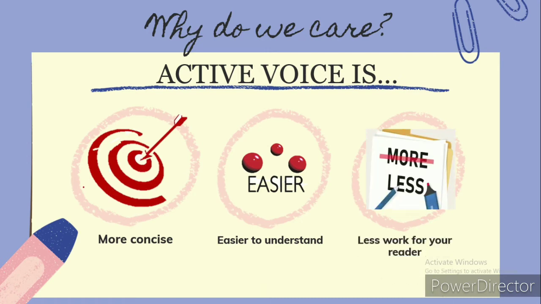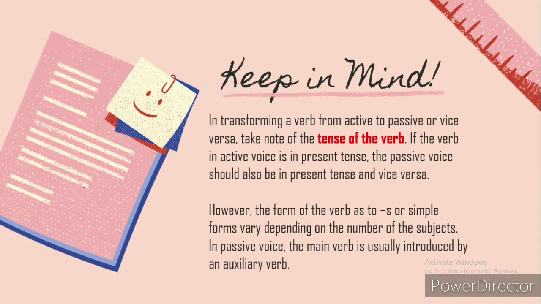Also, keep in mind, in transforming a verb from active to passive or vice versa, take note of the tense of the verb. If the verb in active voice is in present tense, the passive voice should also be in present tense, and vice versa.